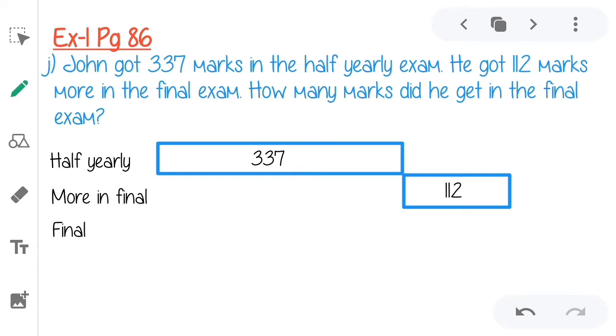How many marks did he get in the final exam? So here children, we can see in the half yearly exam, John has scored 337 marks, and in the final exam he has got 112 more marks than the half yearly exam. So how many marks has he scored in the final exam?